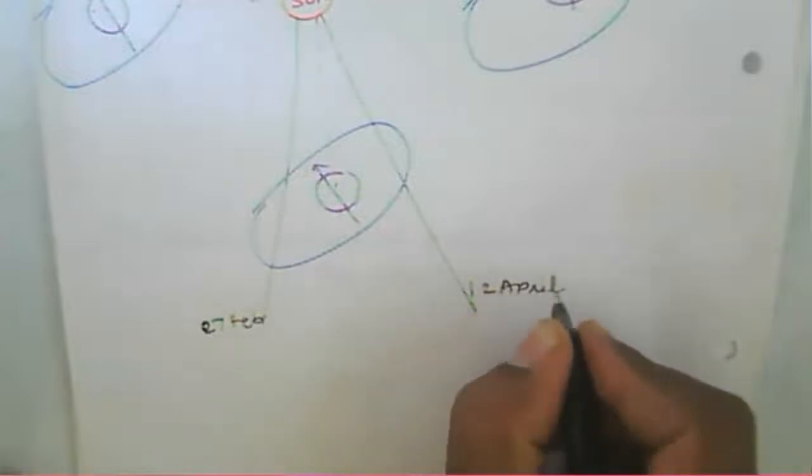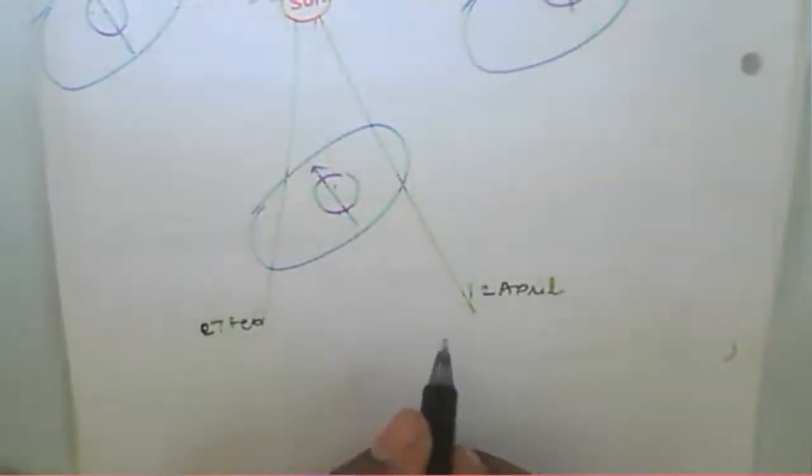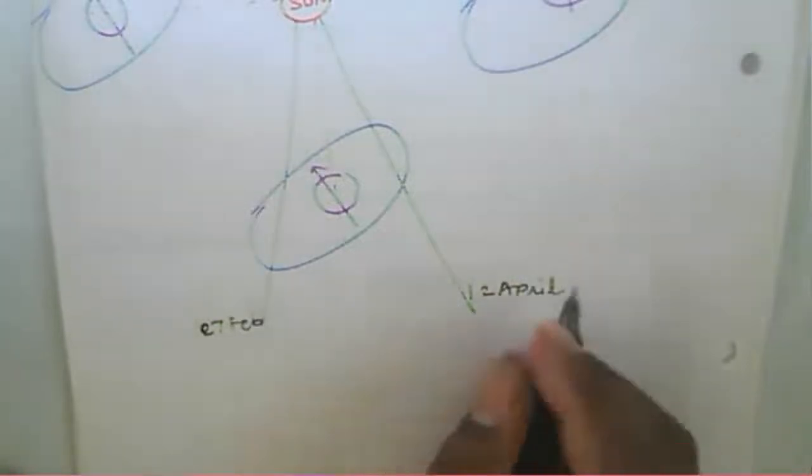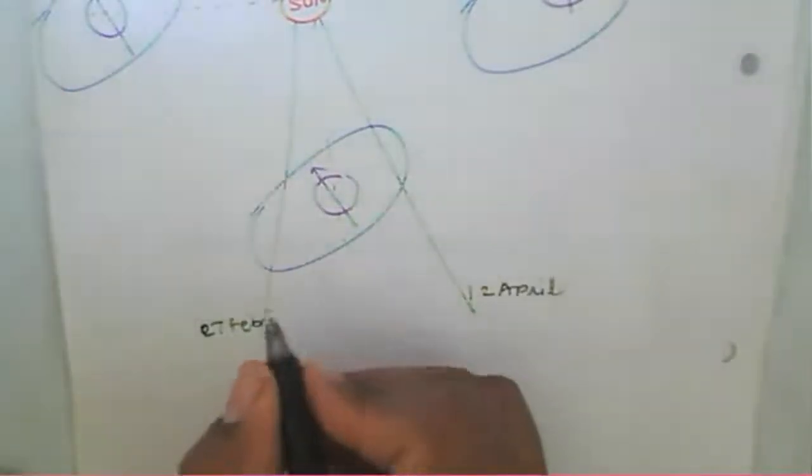In that case, it starts from the 27th Feb and ends on the 12th April. That eclipse starts from the 27th Feb to the 12th of April.